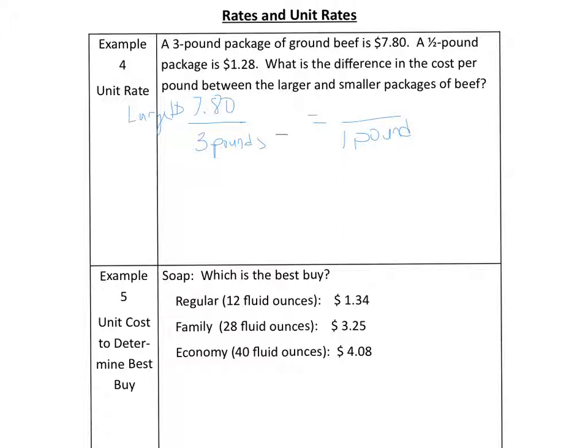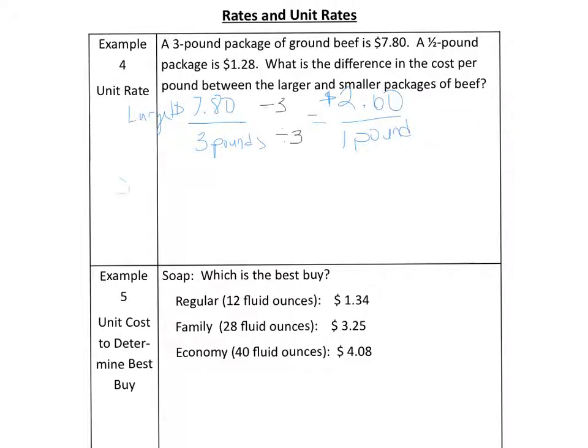To get to 1 pound, we have to divide both top and bottom by 3. It's your denominator. So we say $7.80 divided by 3, and that gives us $2.60.